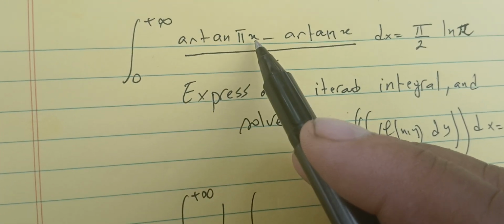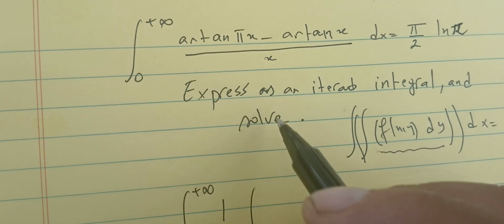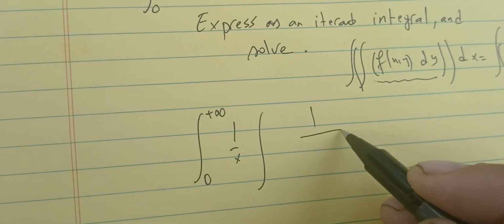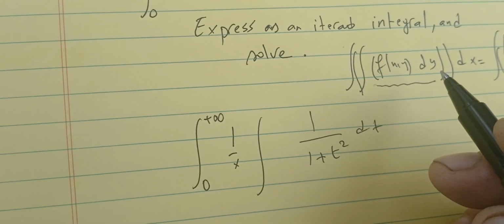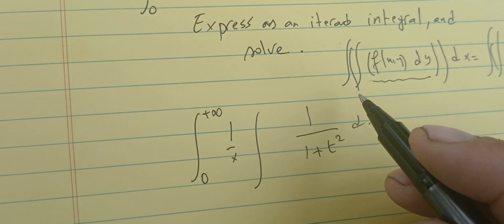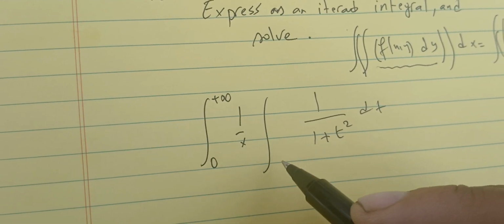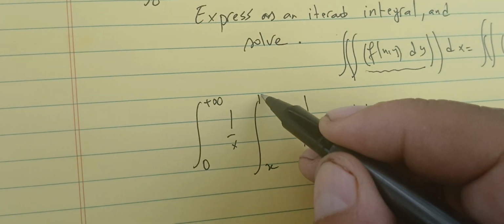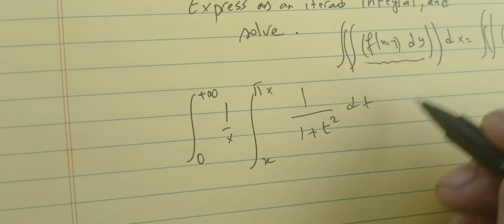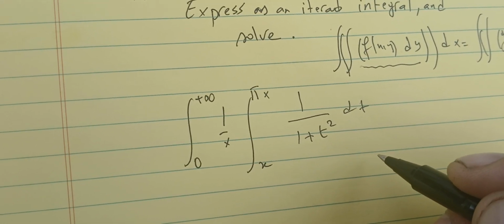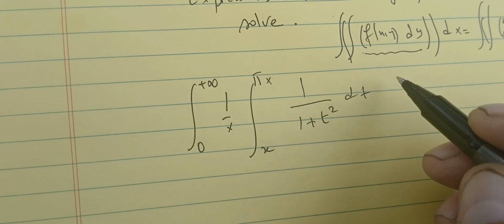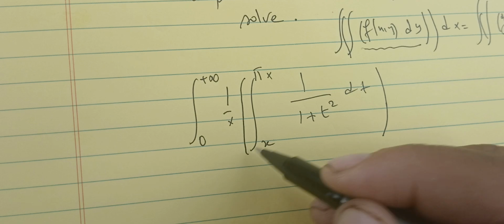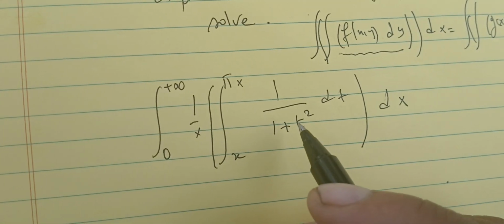Our function must be 1 over 1 plus t squared dt, and we integrate between x and pi x. It doesn't matter, in fact, if it is x, y, or t. And after that, we do dx.